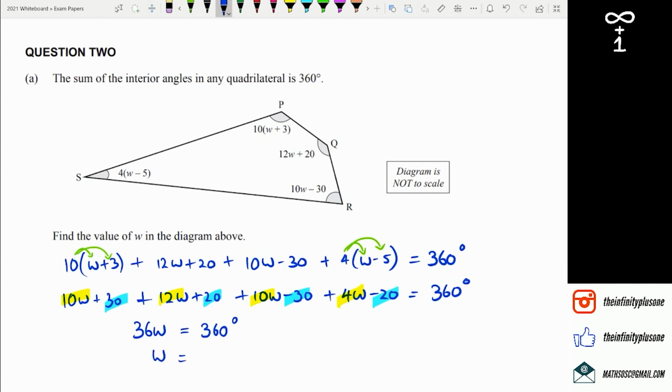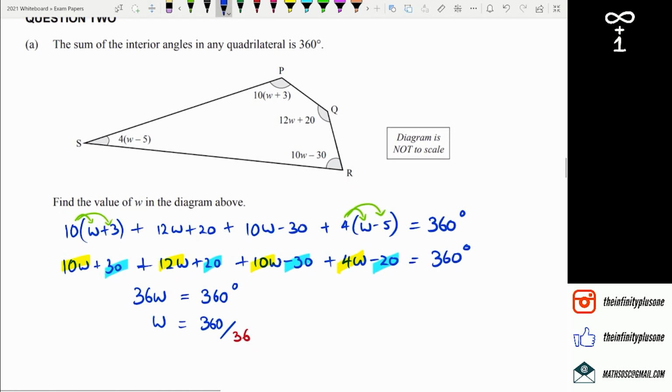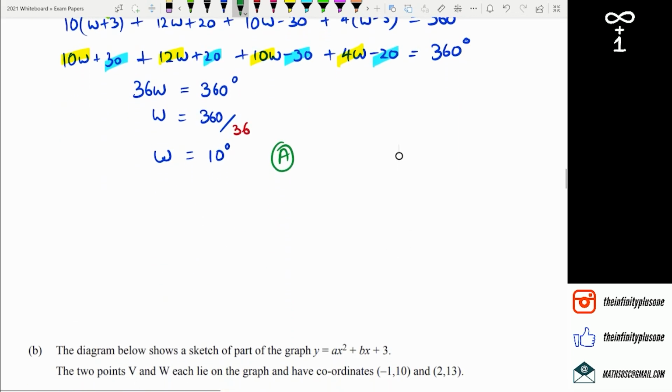So W equals 360 divided by 36, and that gives us W is equal to 10 degrees. So this question is nice and easy to start off question 2. It just forms and solves a linear equation, gets you an achieved. That's basically it for this question. Okay, let's go to the next one.